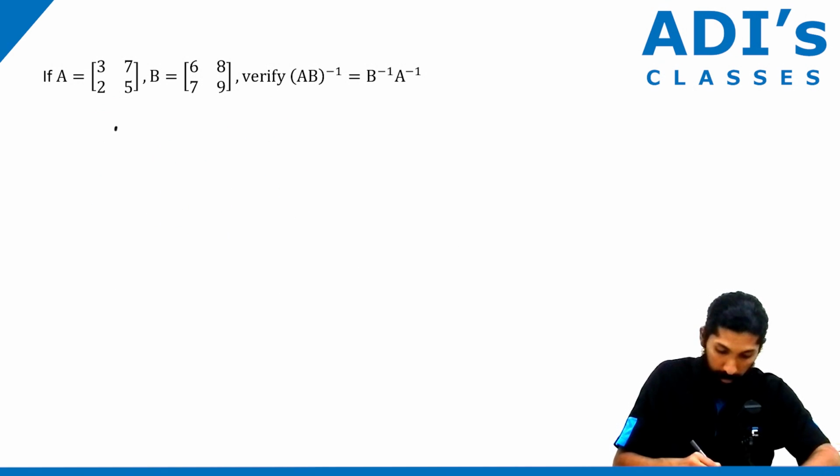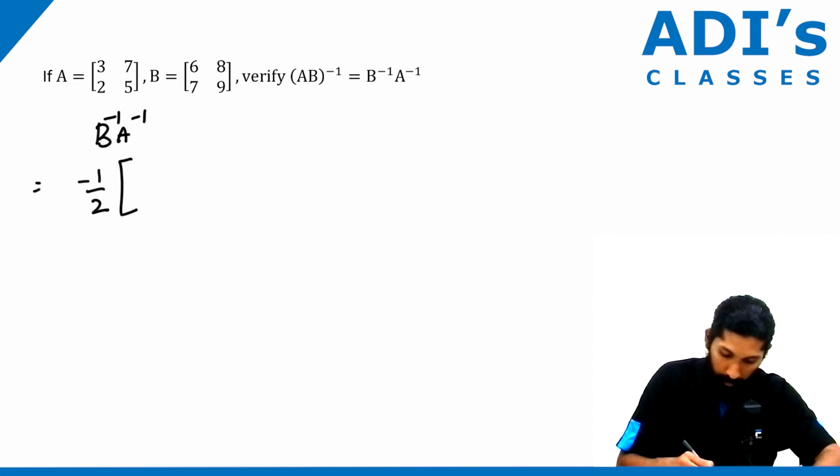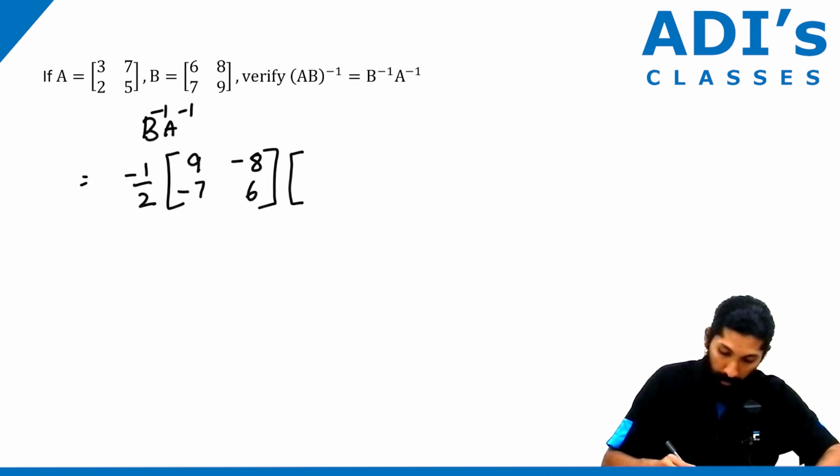Now B inverse into A inverse, this we have to calculate. Now B inverse is minus 1 by 2 into 9, minus 8, minus 7 and 6. Next you have A inverse: 5, minus 7, minus 2, 3.